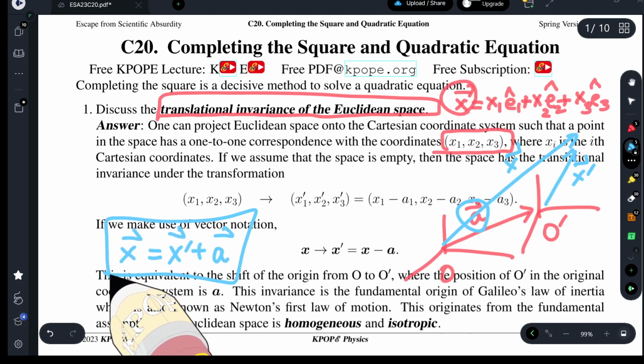Because of this relation, I can determine the x prime vector to be x minus a.